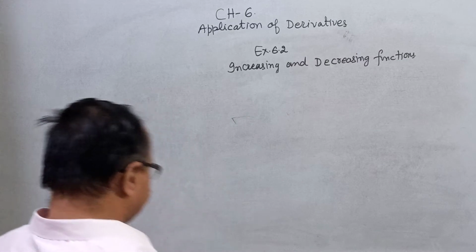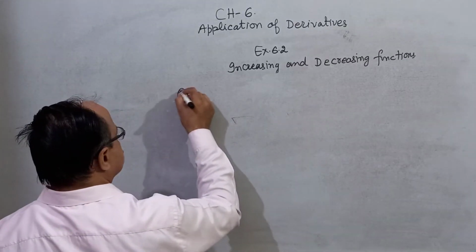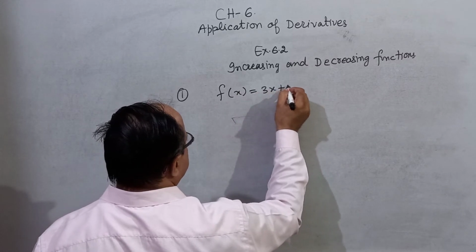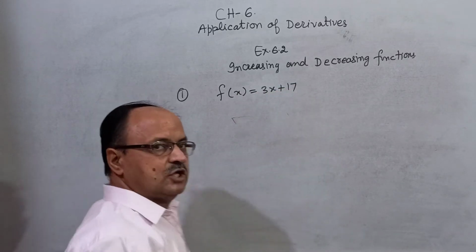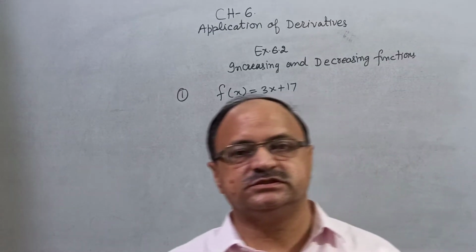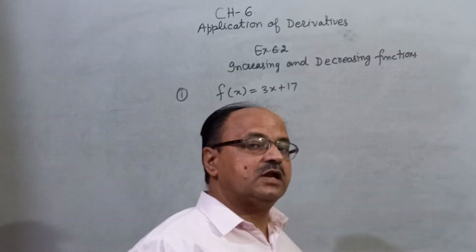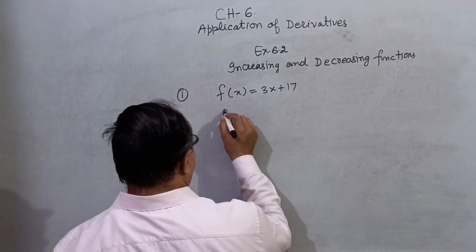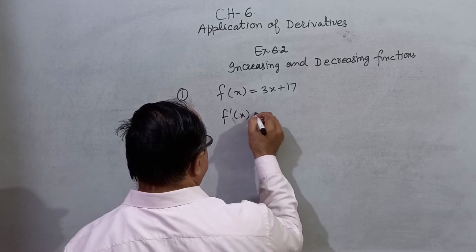Question number 1. f of x is equal to 3x plus 17. Prove that this function is strictly increasing in R, real numbers, from minus infinity to infinity. Firstly, find its derivative.